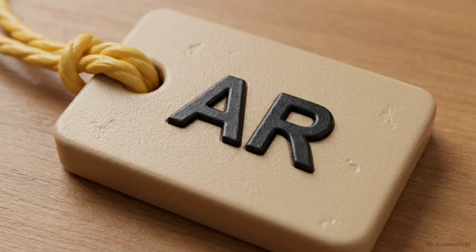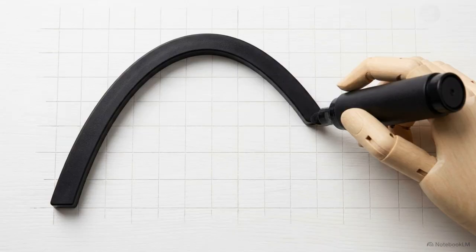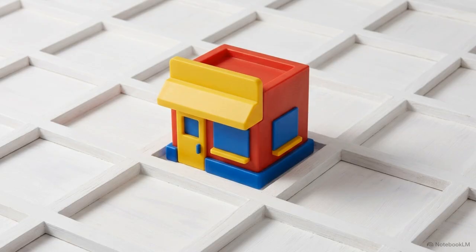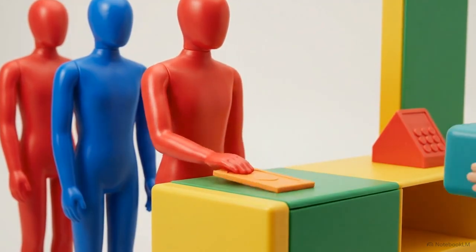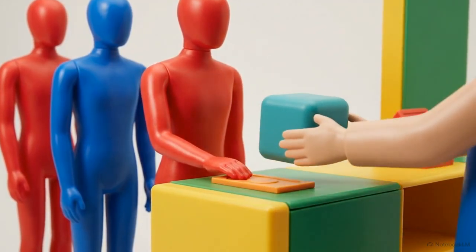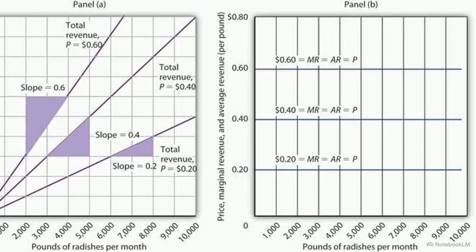Because average revenue is simply the price tag, how a business chooses to set its prices dictates every line and curve we see on a graph. Let's look at the first scenario, a hypothetical market where a business is small enough that it can sell an infinite number of units without ever changing its price. On the right panel of this chart, horizontal average revenue lines represent fixed market prices.